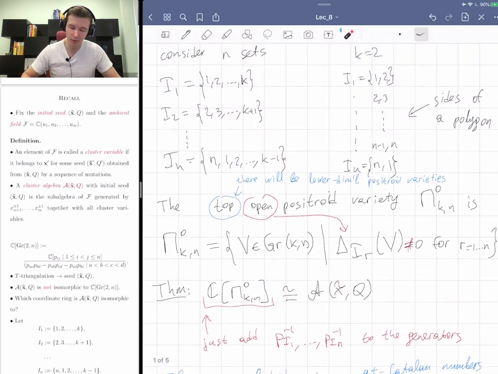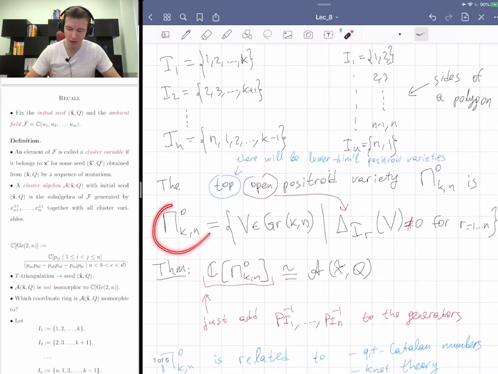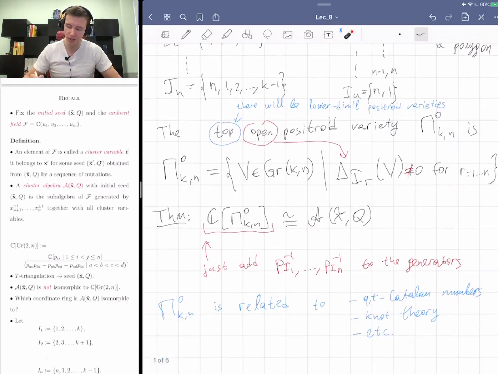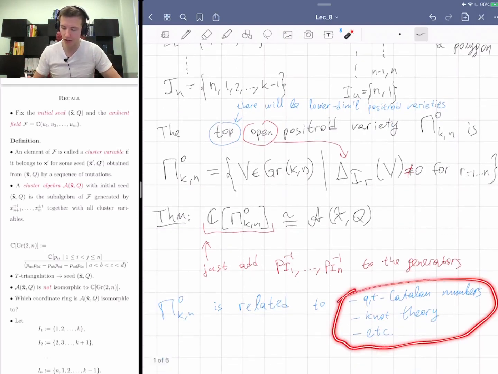Even though this guy is obtained from the Grassmannian by removing a bunch of hypersurfaces, these hypersurfaces are so nice that somehow you recover all that interesting stuff, which I'm going to explain.